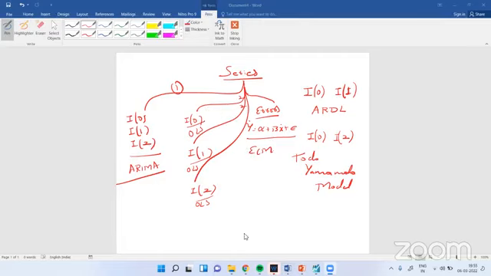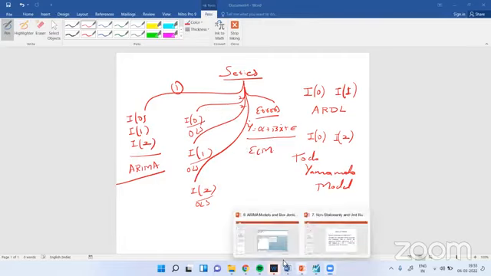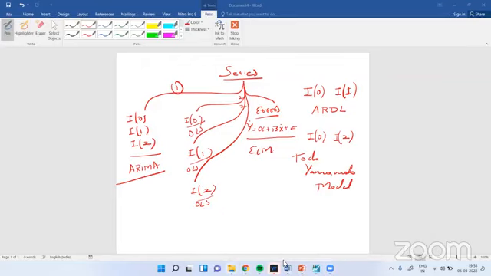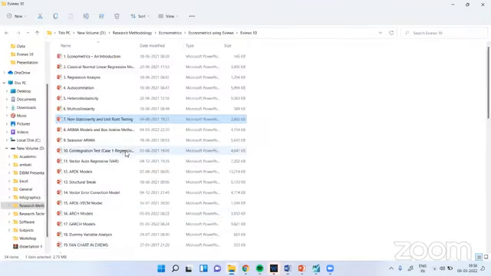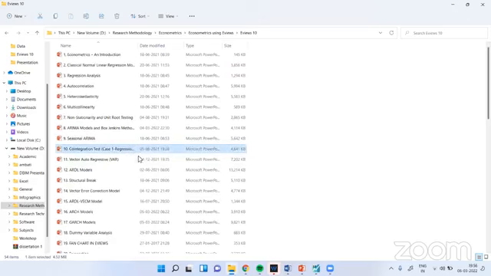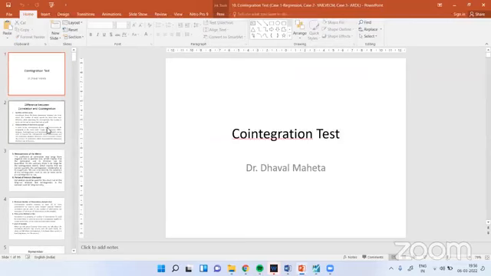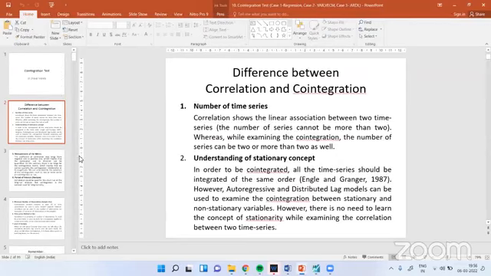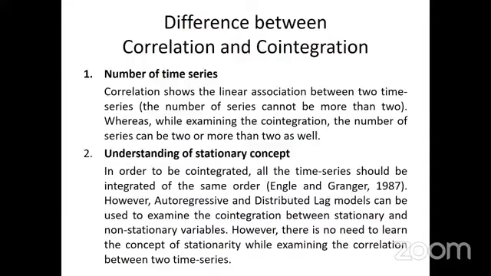Okay. Now, let us go and try to understand the co-integration. There is a difference between correlation and co-integration.